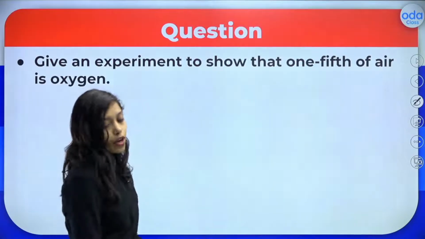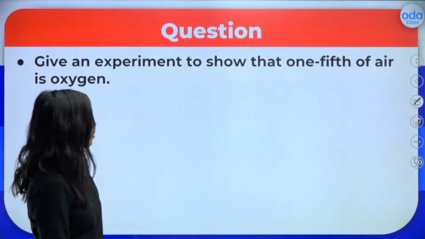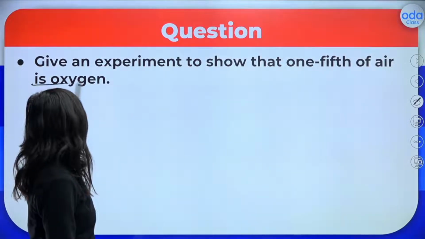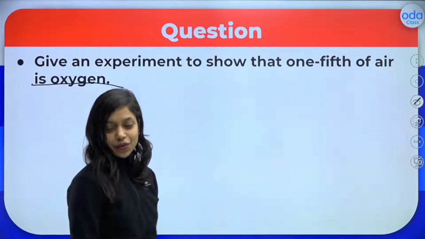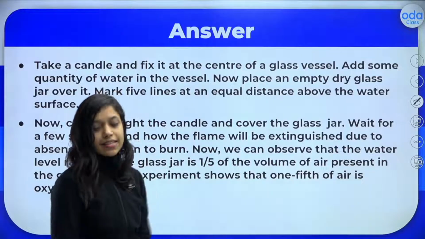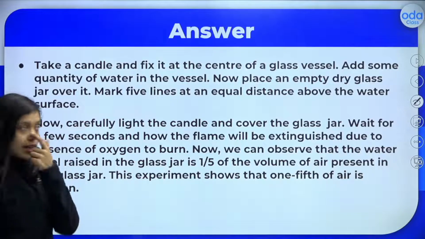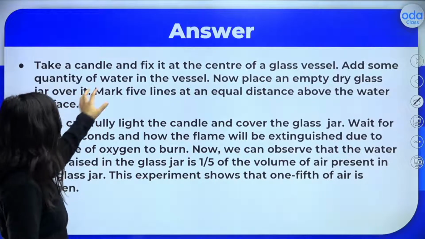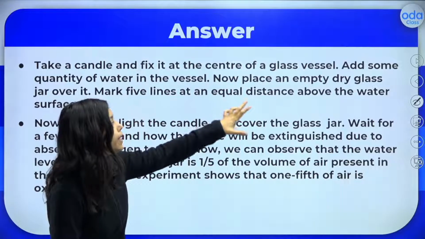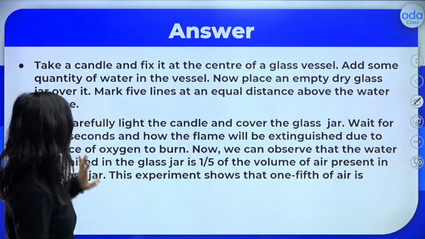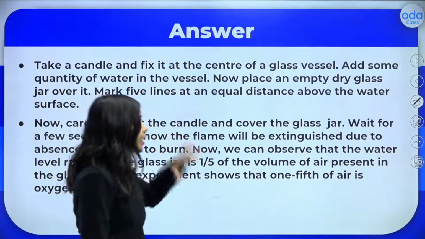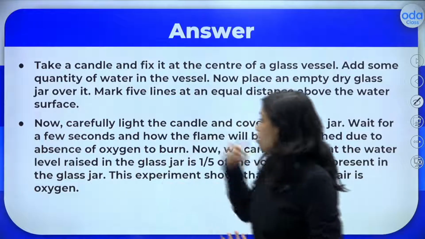So now answer this question. Give an experiment to show that 1/5 of the air is oxygen. Can we do this? That is nothing but take a candle and fix it at the center of the glass vessel. Add some quantity of water in the vessel. Now place an empty dry glass jar over it. Mark 5 lines at an equal distance above the water surface.